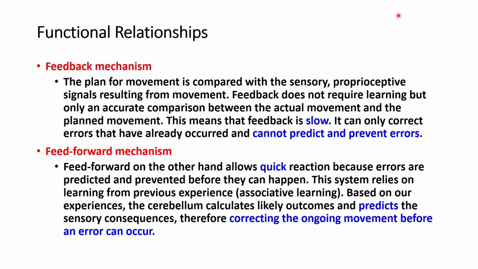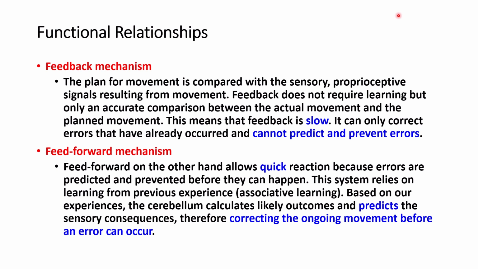With a feed-forward, any information that is coming, it compares with the information that it already has. So that kind of movement should have happened in the past multiple times, so the cerebellum should have that motor information in its memory. Now when the information is coming down, the cerebellum looks at it and sees if the information is correct or not, so whether the sequence of the movements is okay or not.